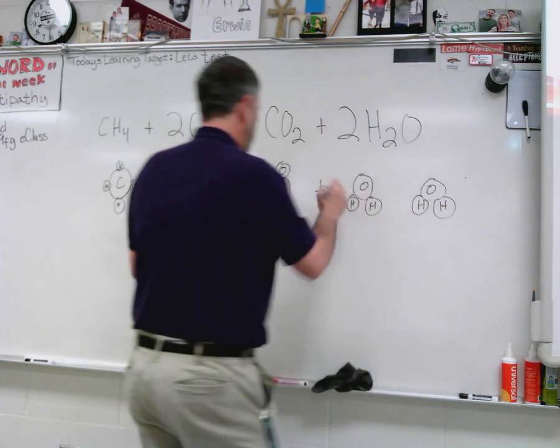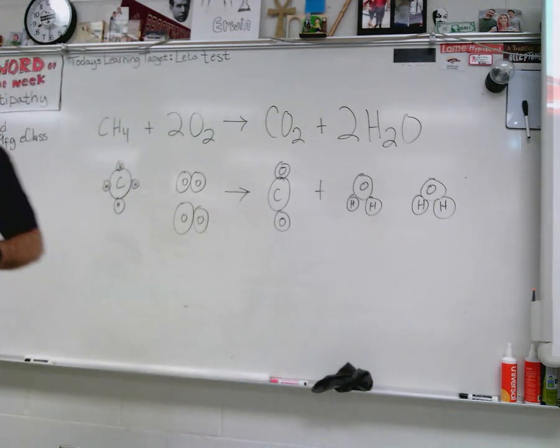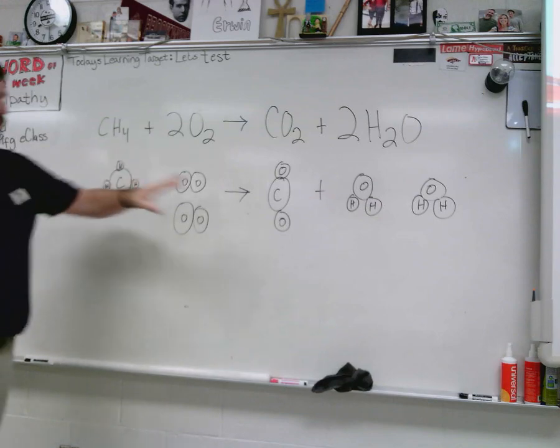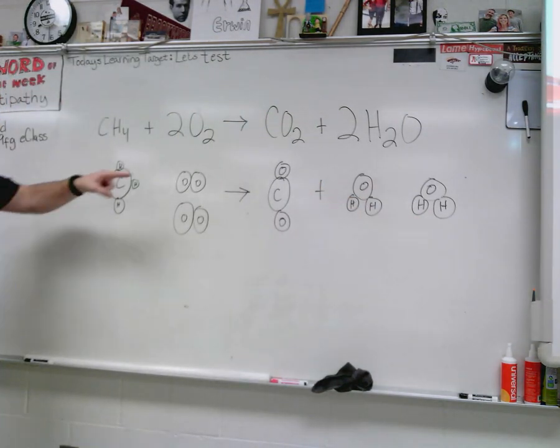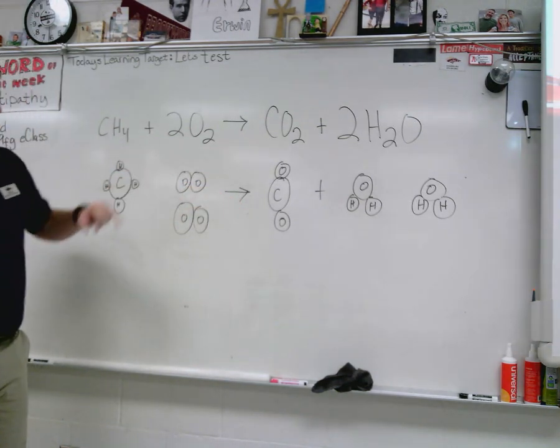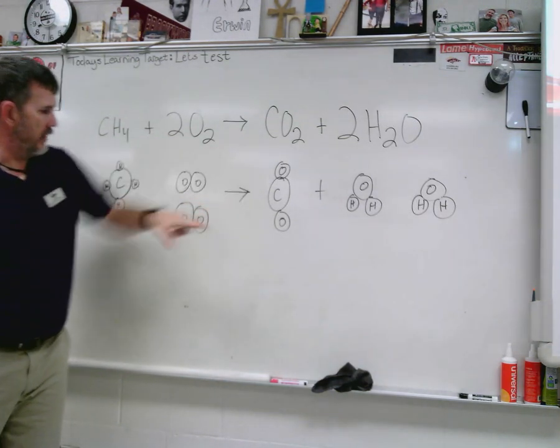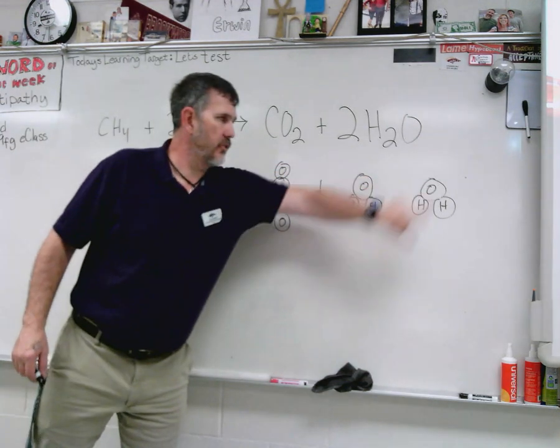Plus this. And if we do the math, we can see that we have 4 hydrogens, 4 hydrogens. We have one carbon on that side. We have 2 oxygens here and 2 oxygens here.